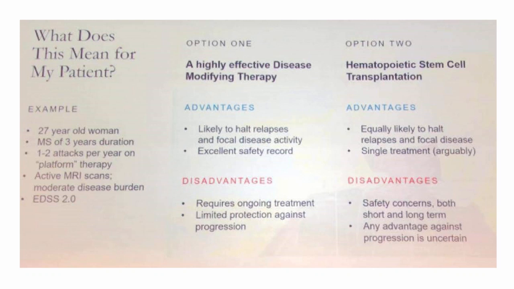Yes, definitely. So what happens when you look at a patient in particular? There was a case presented which is a classic example of what they thought might be a bit tricky. If you show that slide, the example is of a 27-year-old woman who's had MS for 3 years, with 1 to 2 attacks per year on platform therapy with active MRI scans. What do you mean by platform?